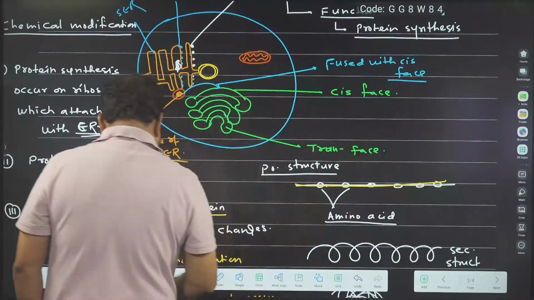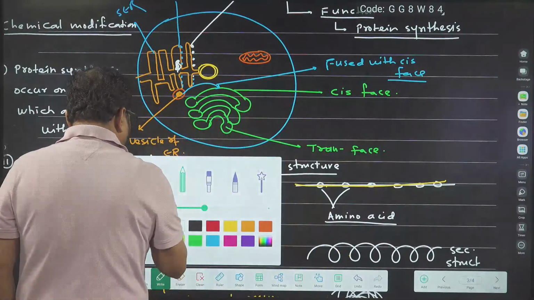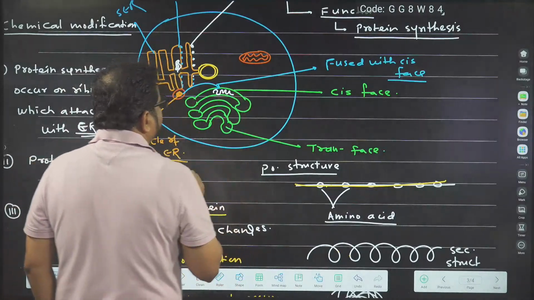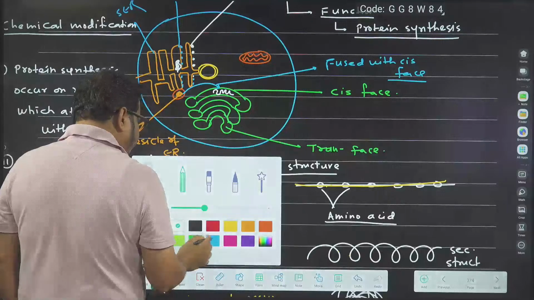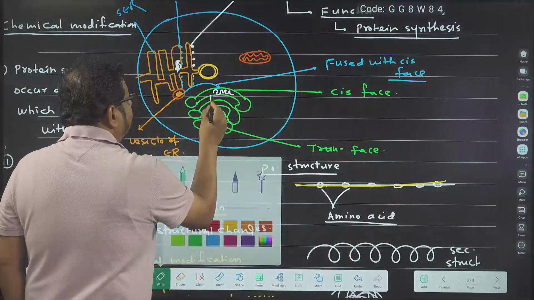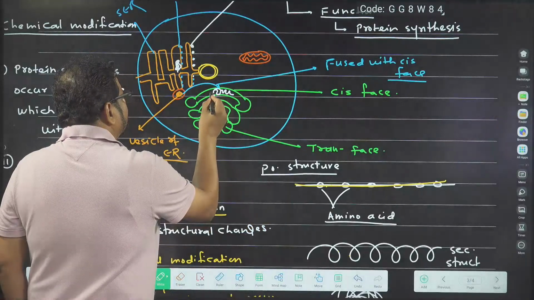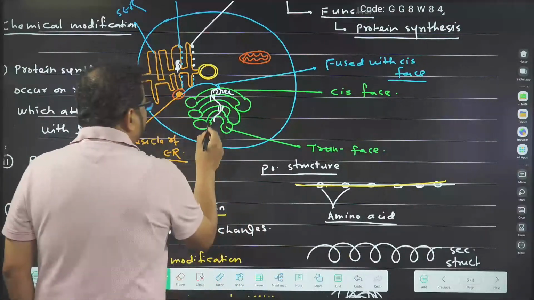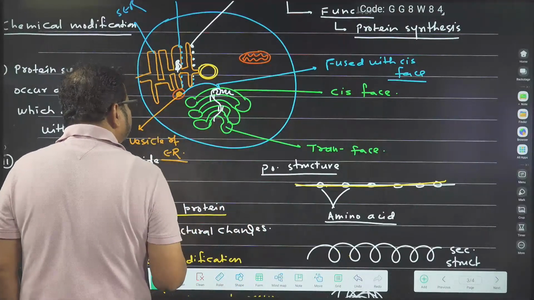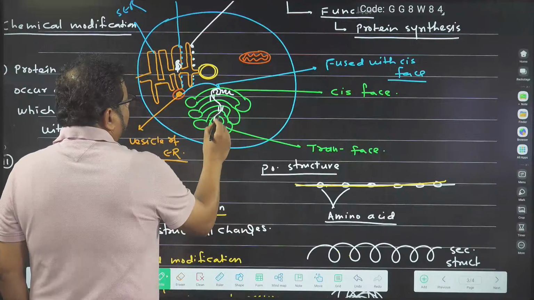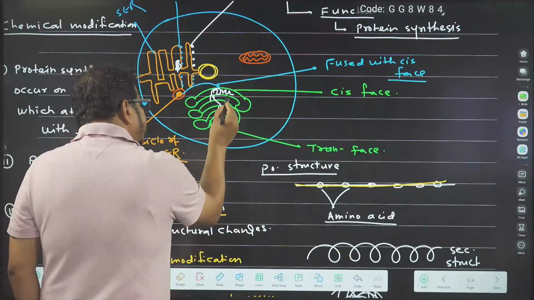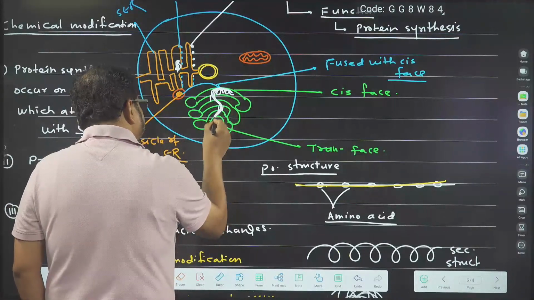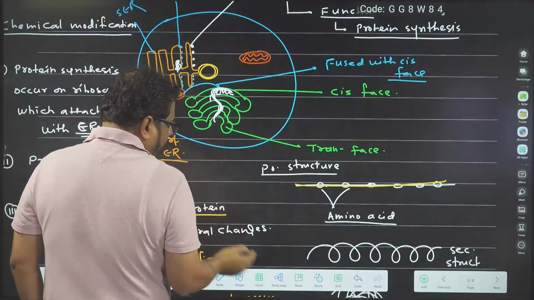As it fuses with the cis face, it releases the protein in the cisternae near the cis face. Now, you better know, cisternae are interconnected, so this protein moves from the cis face to the trans face. And during the time it is moving from the cis face to the trans face, chemical modification occurs.